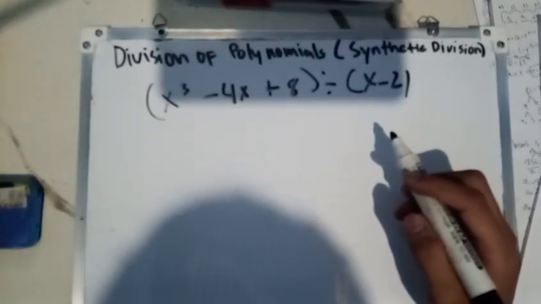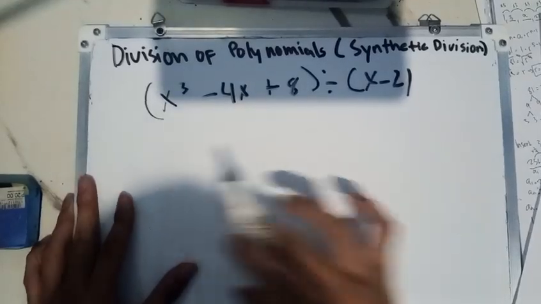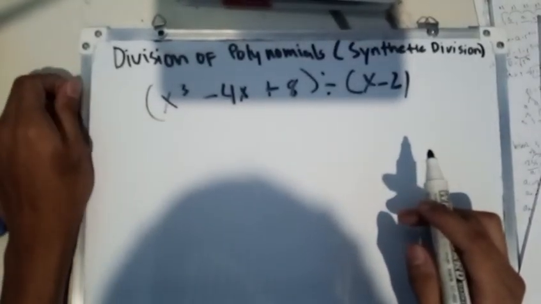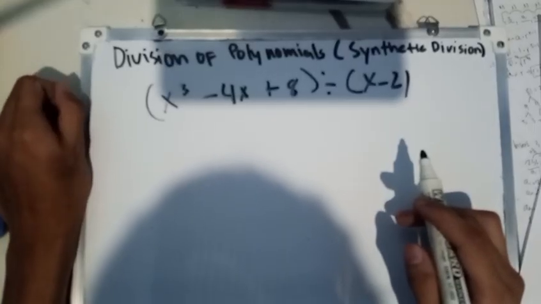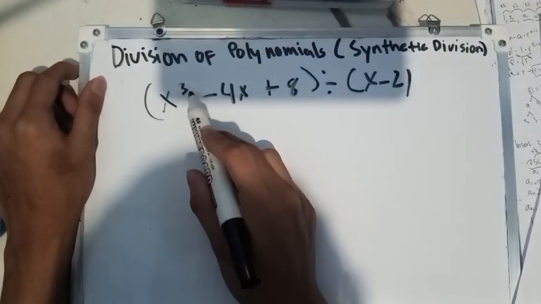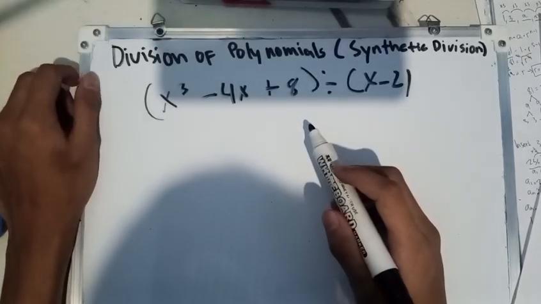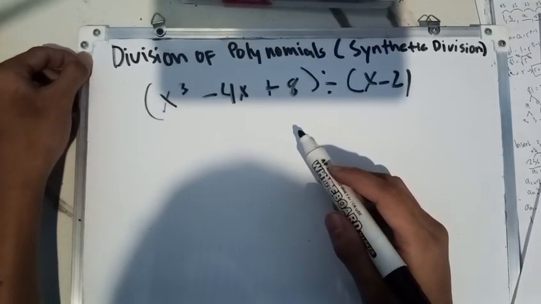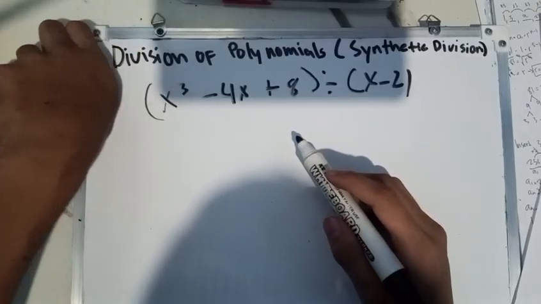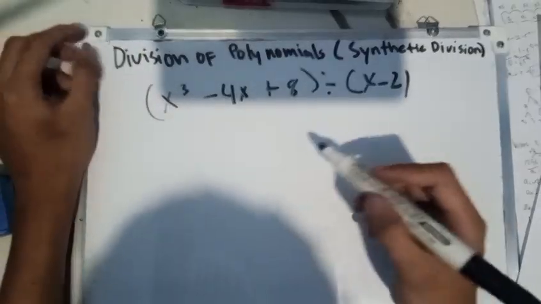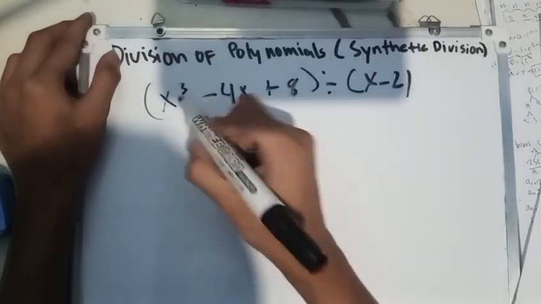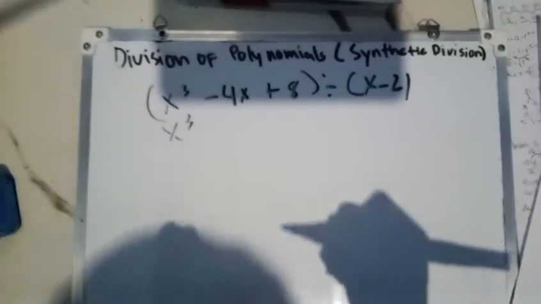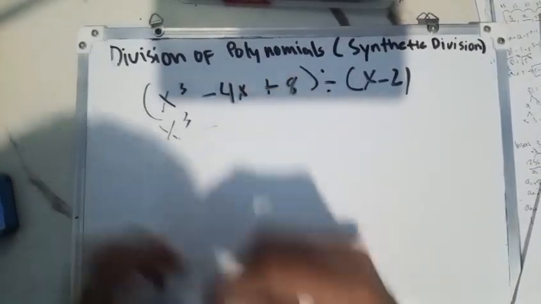In this case, it does affect the process of our division. So what we want to do is to rewrite x cubed minus 4x plus 8 into the general form of the polynomial. We don't want to skip a term.